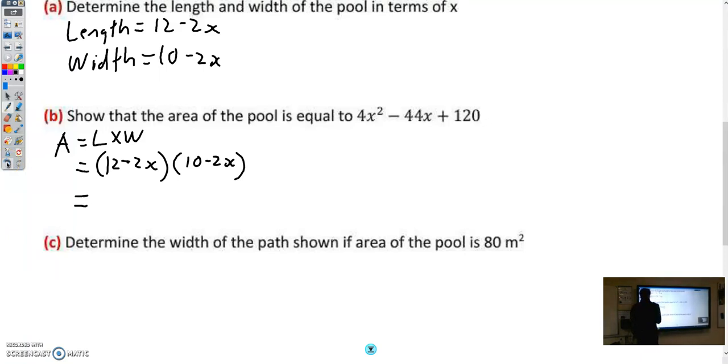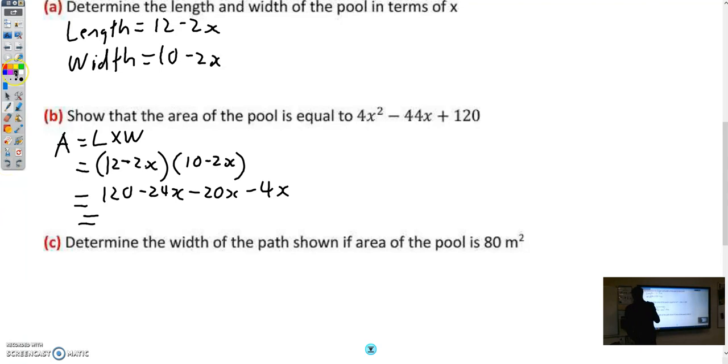When we expand this, we get 12 times 10, which is 120. 12 times minus 2x, which is minus 24x. Negative 2x times 10, which is negative 20x. And then negative 2x times negative 2x, which is positive 4x squared. Collecting our like terms, we have negative 24x, minus 20x.